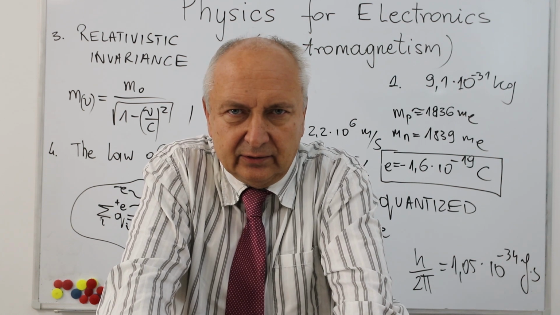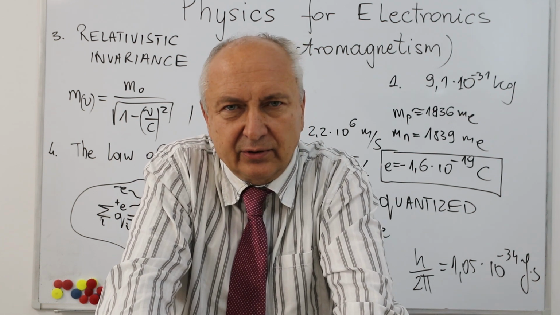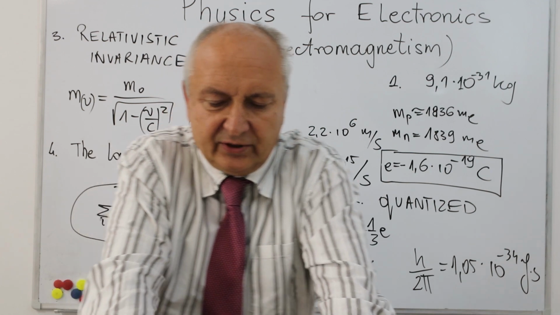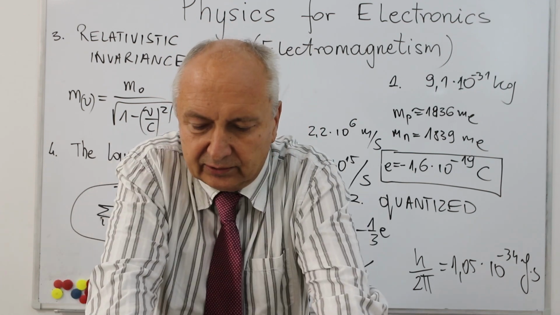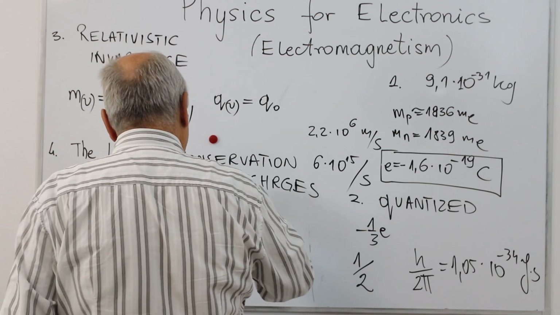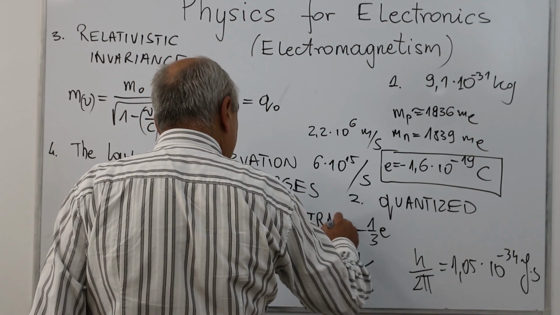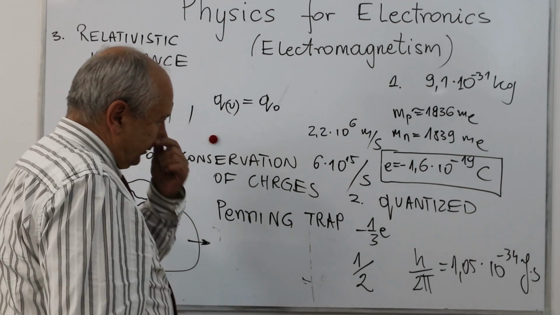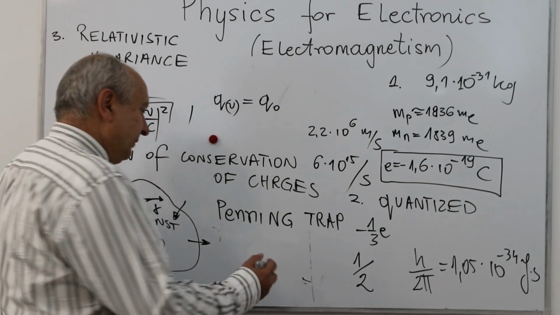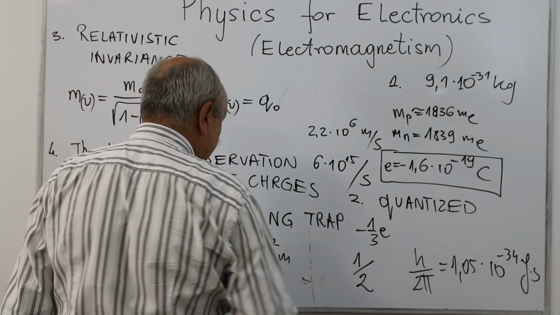Nobody knows how the electron looks like, and nobody knows exactly what the dimension of the electron is. In an experiment with a Penning trap, a special device, observing a single electron, we find that the dimension of the electron is in the range of 10 to minus 22 meter.